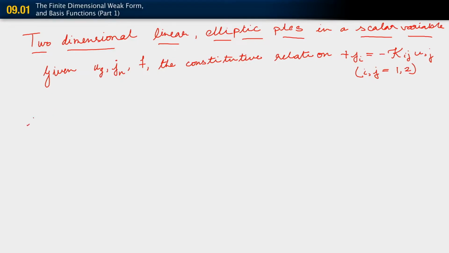So with this background, here is the strong form. Okay, the strong form is: find u such that minus J_i comma i equals, now we'd used f in our first posing of the problem, and later on you will recall that I said that there was reason to replace that with a minus f bar.